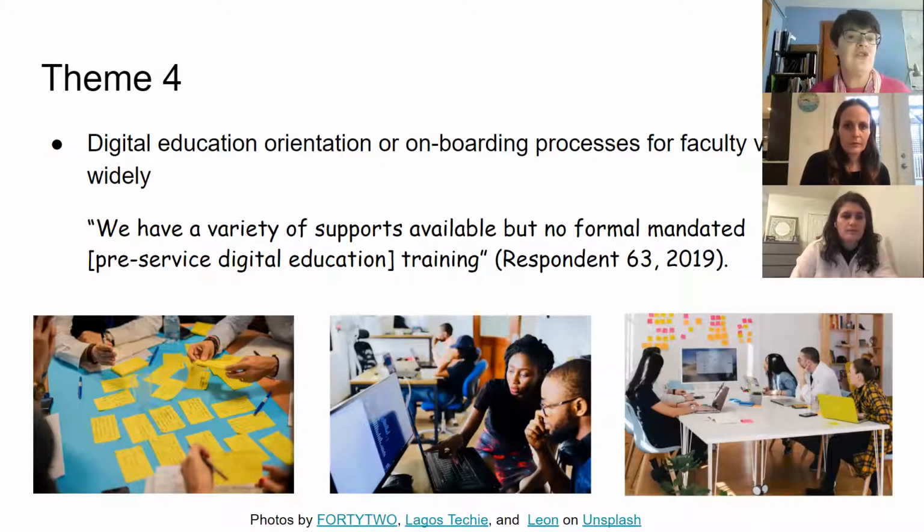Other institutions were offering optional orientation or onboarding that perhaps was being completed concurrently with the beginning of teaching online. And there were other institutions that had no onboarding, no orientation, and faculty were left to figure things out on their own.